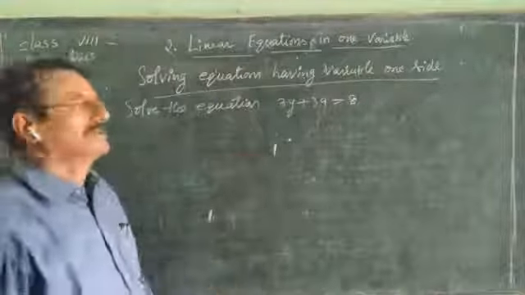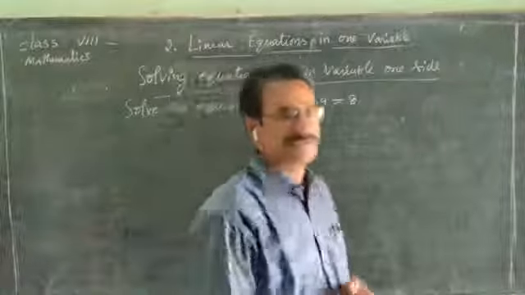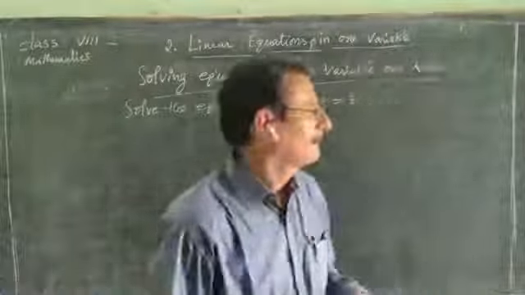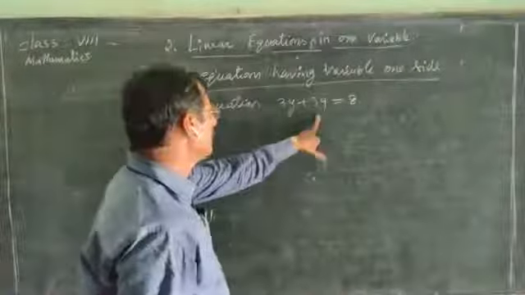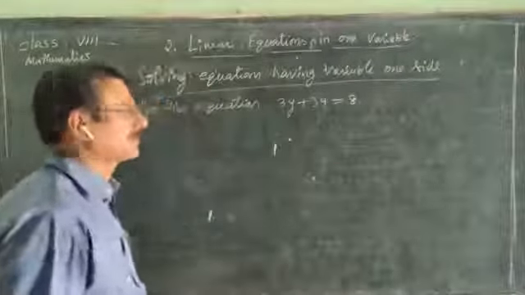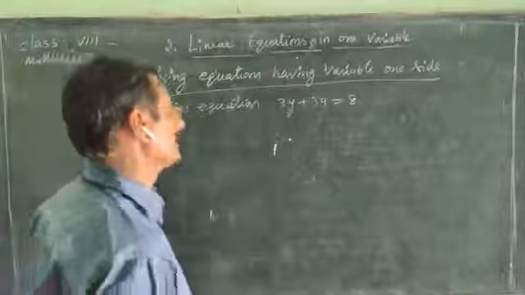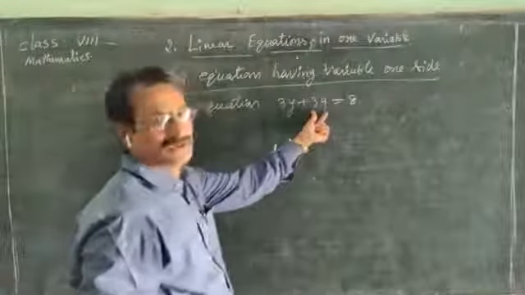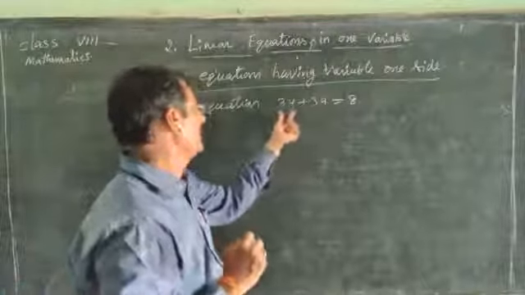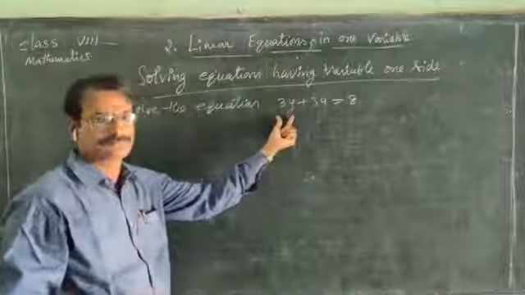How to solve this type of equation? First you observe, there are two terms on the left side and only one term on the right side. Out of these two, 39 is a constant and 3y is the variable term.